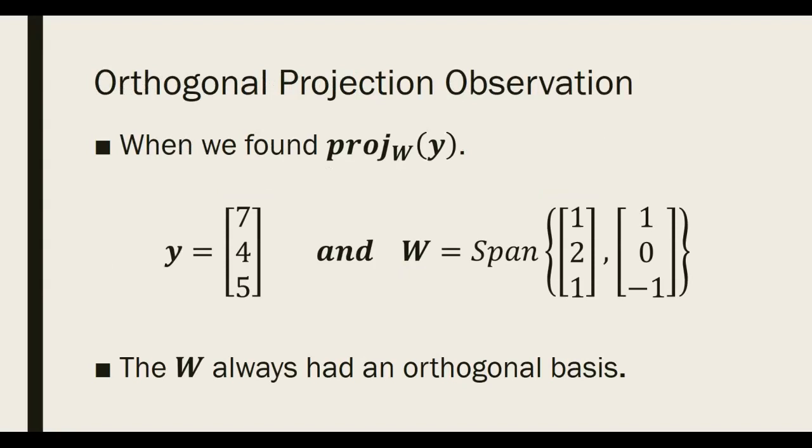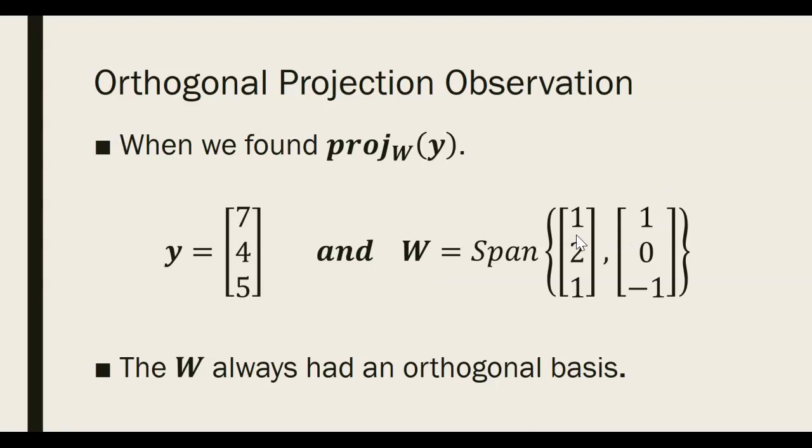Now, the one thing that we had in all of this section was the fact that our W was the span of some basis which was orthogonal. So every time we dealt with a W, we always had an orthogonal basis.